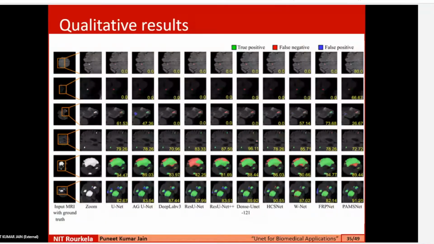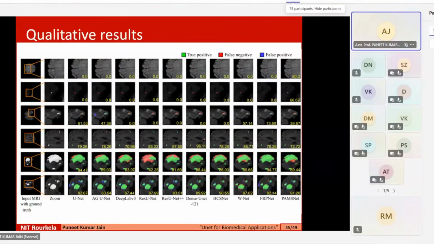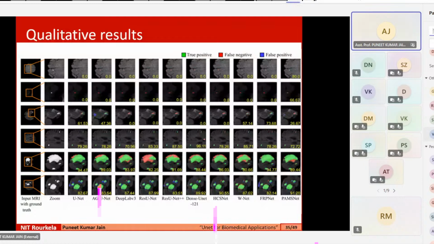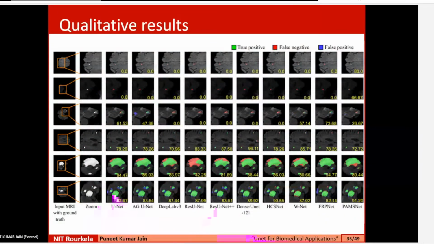And of course, as I mentioned, one of the major challenges is the class imbalance. So people are also working on augmentation techniques to resolve the issue of class imbalance, at the image level as well as the pixel level. I have specifically removed the result of our proposed method because that work is still under review.